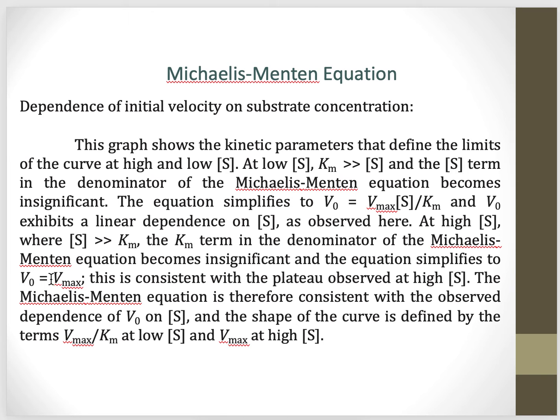This is consistent with the plateau observed at high substrate concentration. So the Michaelis-Menten equation is consistent with the observed dependence of V0 on substrate concentration, and the shape of the curve is defined by the term Vmax by Km at low substrate concentration and Vmax at high substrate concentration.